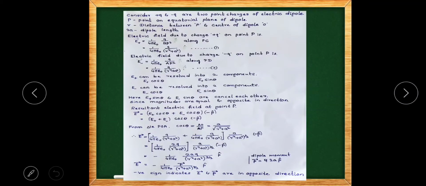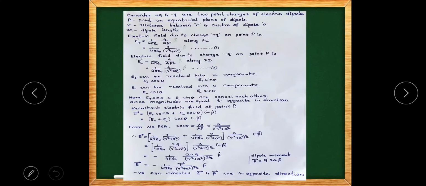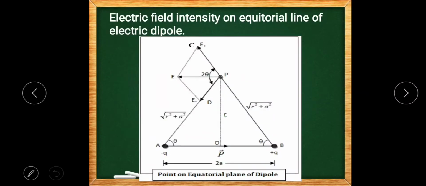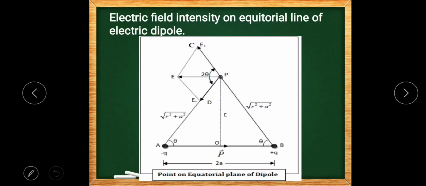Now consider the cos theta value from triangle POA. From triangle POA, cos theta equals AO by AP, that is, adjacent side by hypotenuse. This is a right angle triangle, and this is theta.